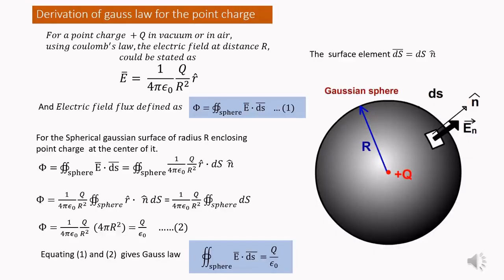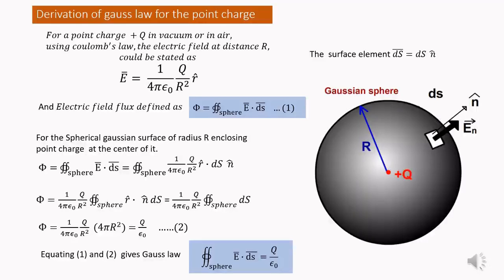Now we are doing the derivation of Gauss law for the point charge. Let us consider point charge plus Q in vacuum or in air. Then using Coulomb's law, we could state the electric field at distance capital R as E bar is equal to 1 over 4 pi epsilon naught Q over R square multiplied by R cap, to give us the direction of the electric field.